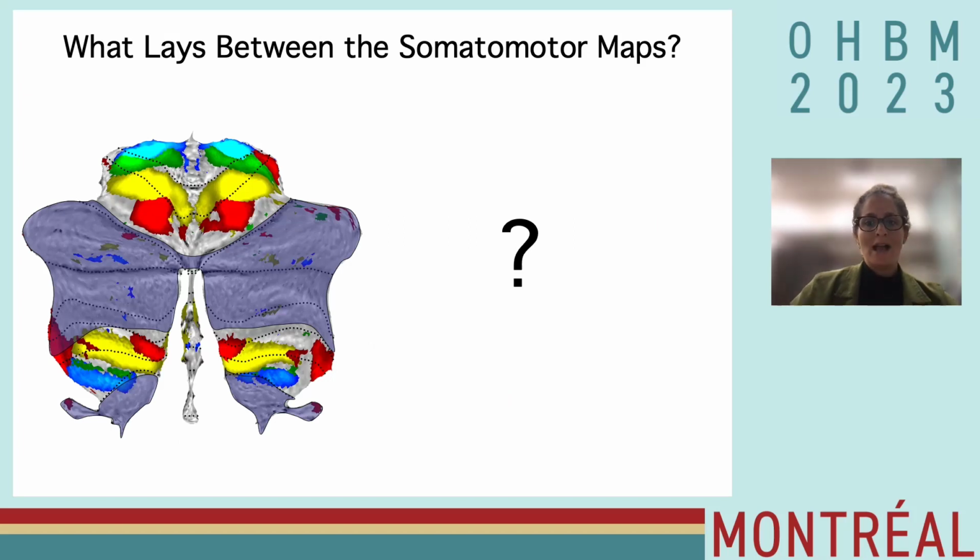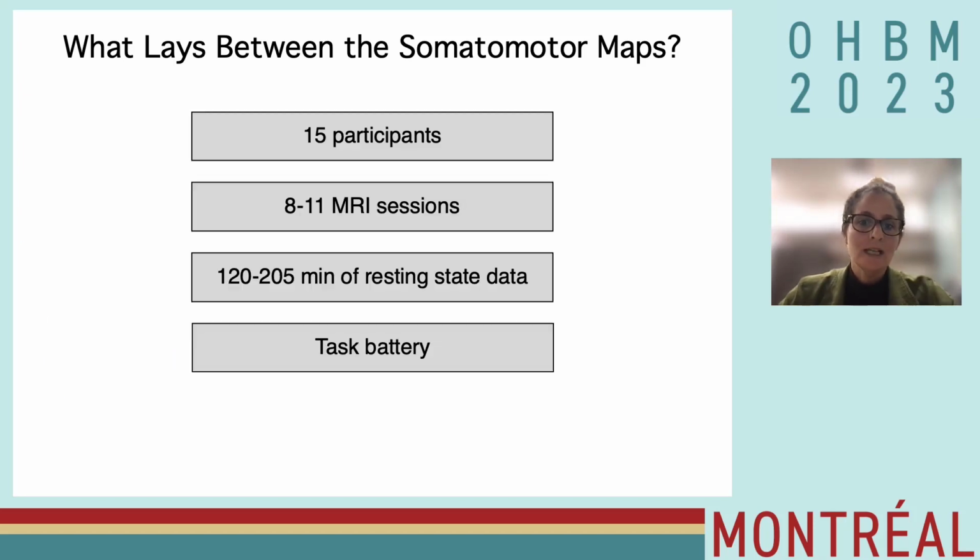So now, after localizing the somatomotor representation in the cerebellum, the big question is, what lies between these somatomotor maps? In the past 30 years, studies are accumulating to show the involvement of the cerebellum in cognition. To uncover the detailed functional organization of higher order processing, we again overwhelmed with signal within the individual.